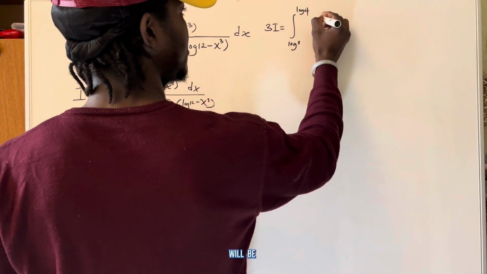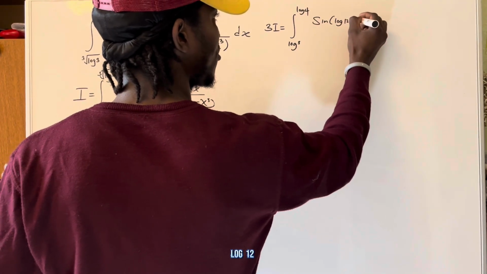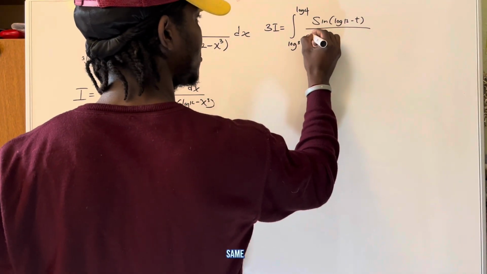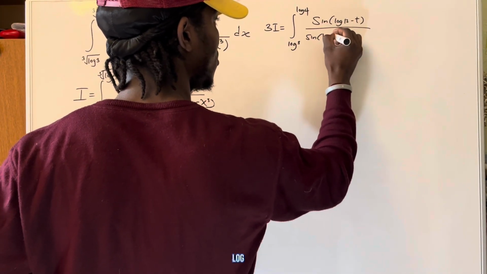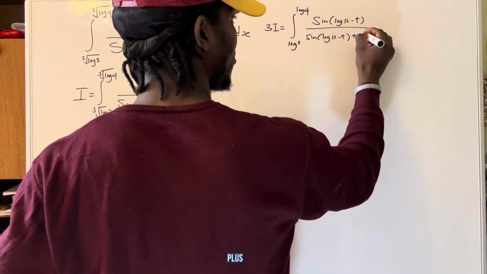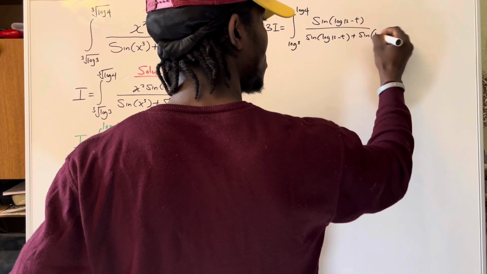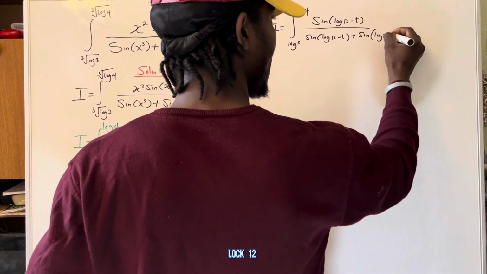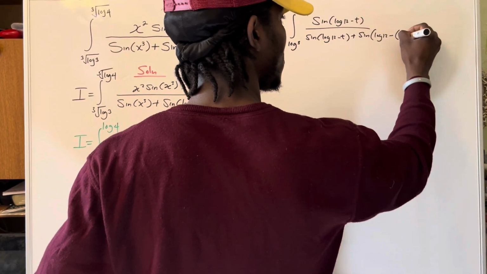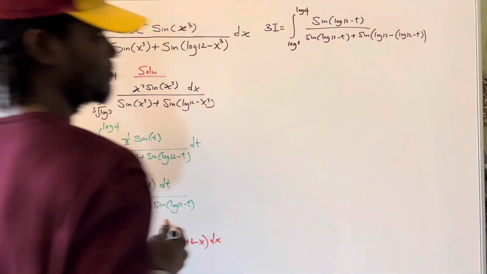So 3r will be equal to the integral from log 3 to log 4 of sine of log 12 minus t, all over sine of log 12 minus t plus sine of log 12 minus log 12 minus t. Are we there, guys?